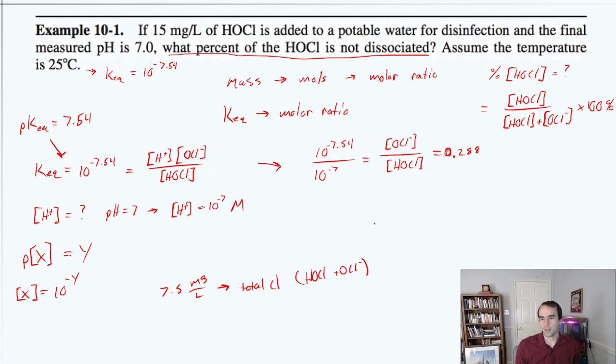So let's do this. Let's take this and divide the top and the bottom by HOCl. I'm doing that because I see that that's going to get me a 1 on top, which is nice.